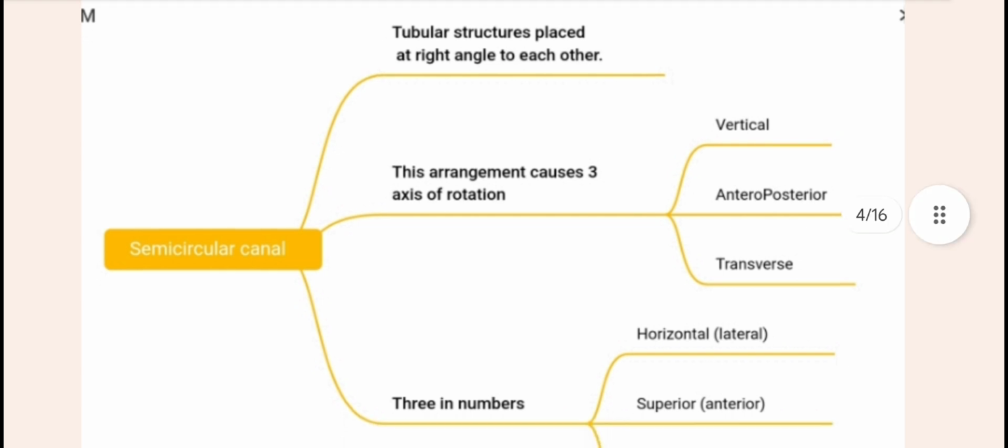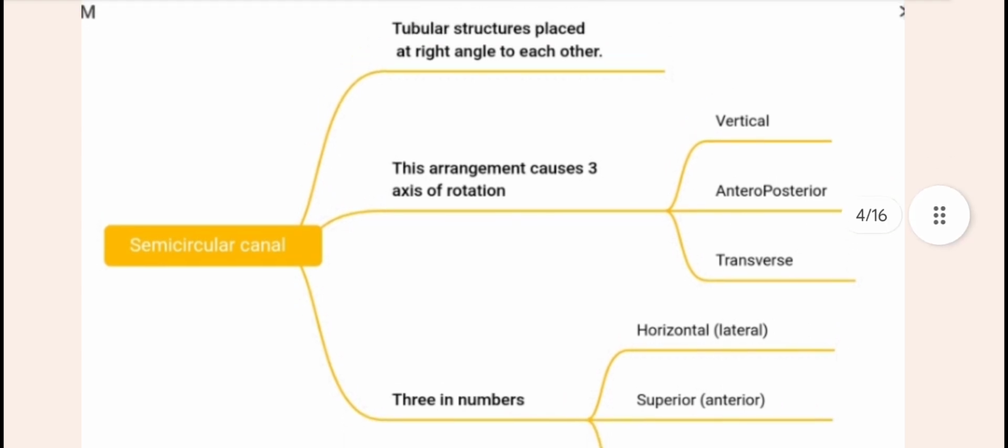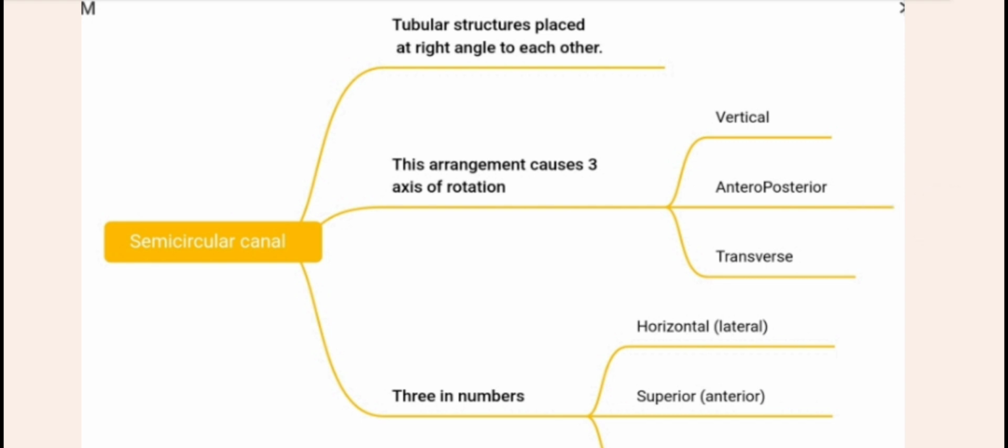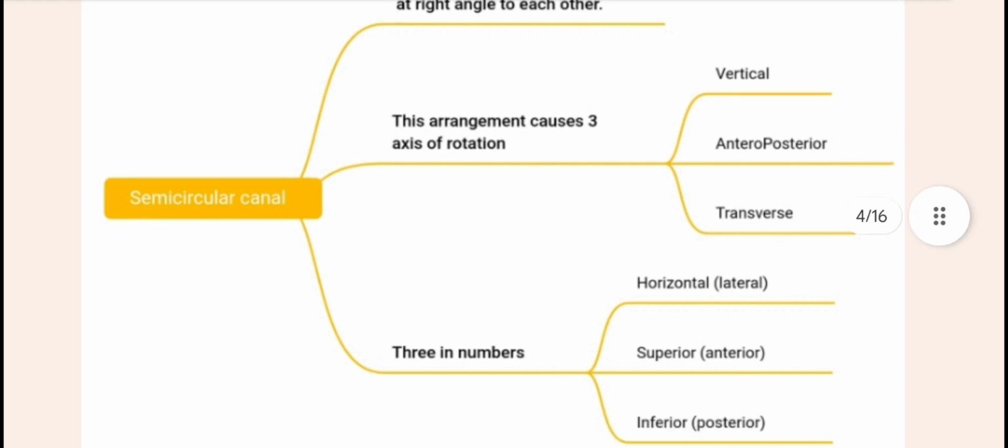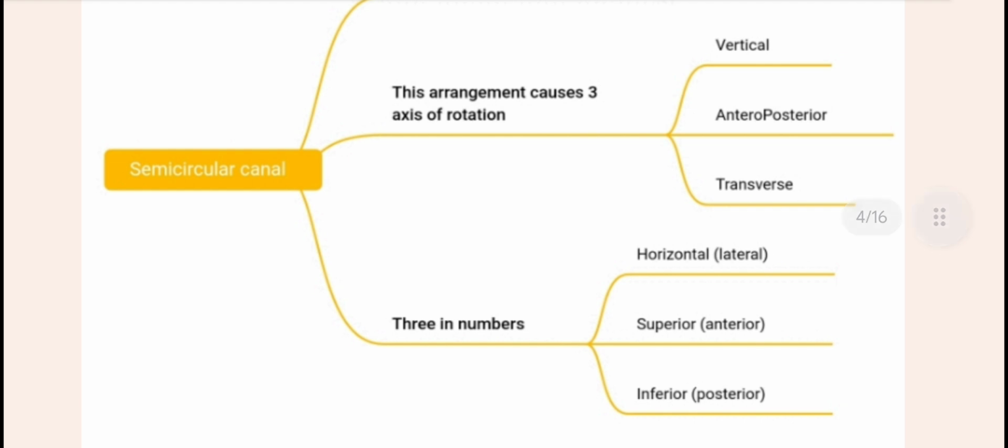And then the semicircular canals are named according to their location. They are named horizontal, also called lateral, then superior, also called anterior, and inferior, also called posterior. Clear? Okay.